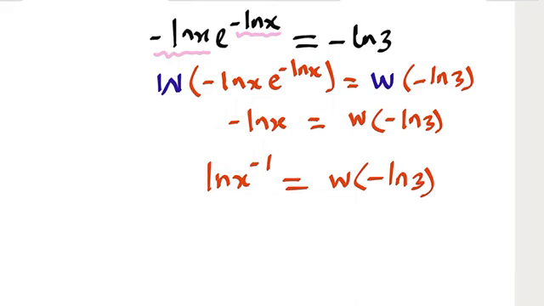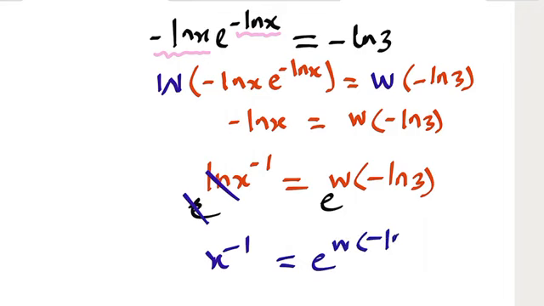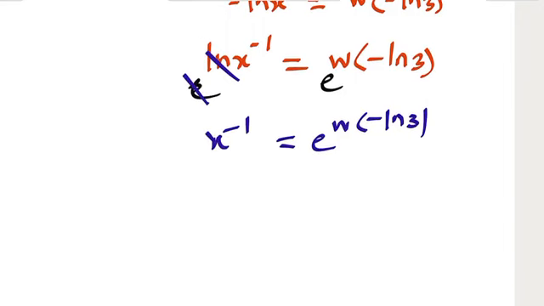Now we introduce e to both sides of the equation, and we cancel this. We're going to have x to the power of minus 1 equals e to the power of W of minus ln of 3. Now you can rewrite this as 1 over x equals e to the power of W of minus ln of 3.